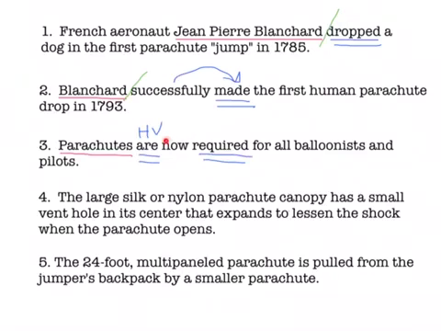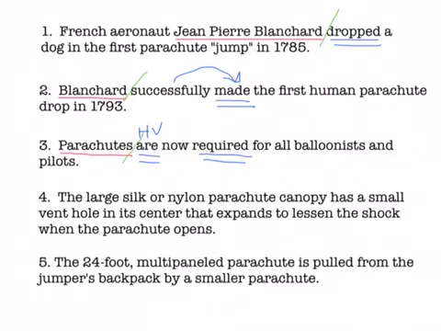Now is just a word used to describe the verb, are required. So when I put in my slash to divide my subject and my predicate, it will come after my subject here and before the helping verb are. Now let's look at number 4.